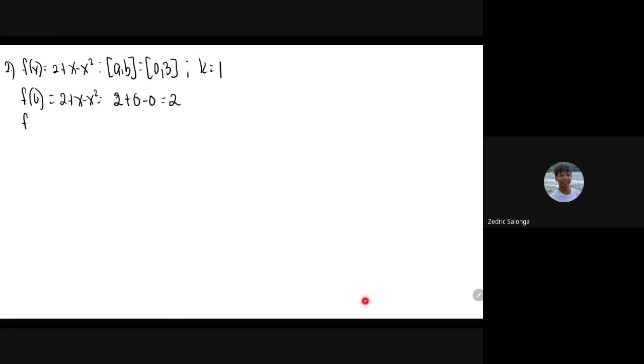And our f of 3, this is our f of b, this is 2 plus 3. Be careful with the negative sign kasi hindi siya kasama sa pag-erase natin. That will be 2 plus 3 minus 9, which will give us negative 4.